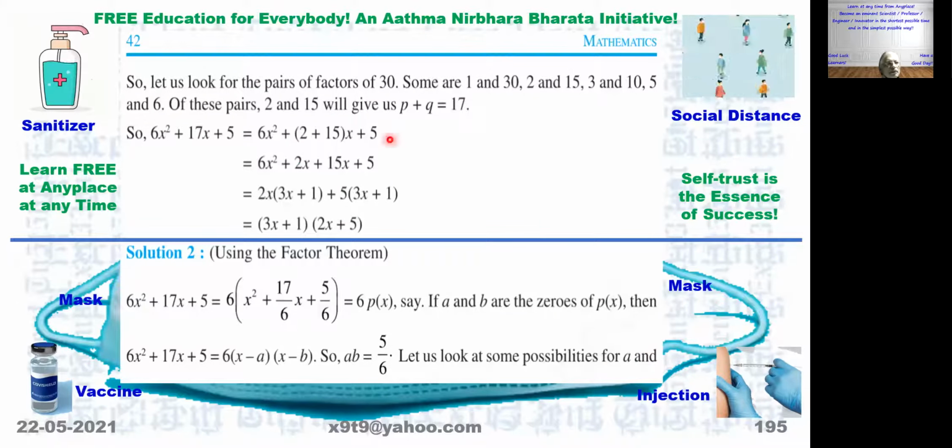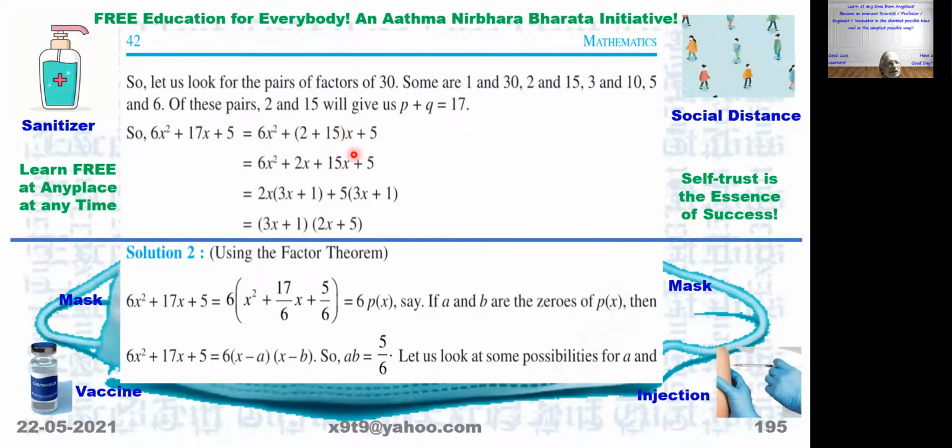So that is what exactly worked out here. The terms selected are p plus q is 17 and pq is equal to 30. So it is written here. Only thing is all the steps are not written. So here we have written 2x plus 15x.